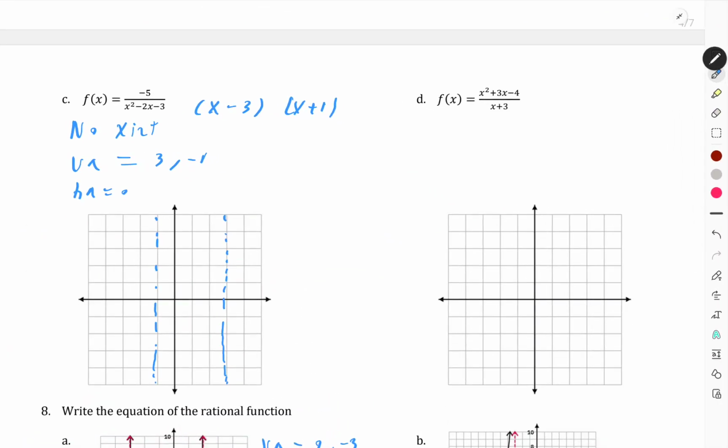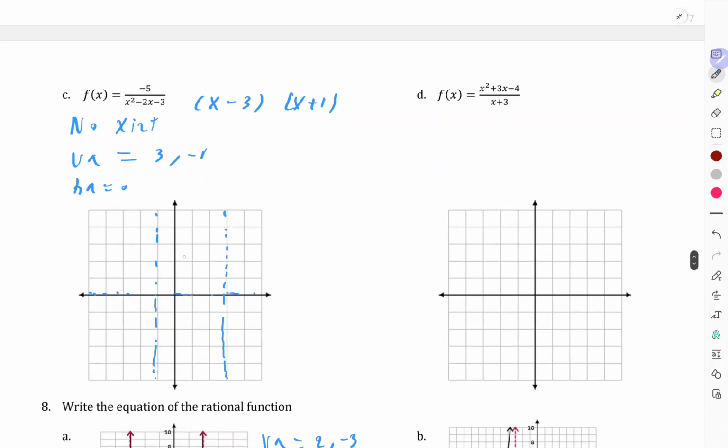In our case, the numerator degree is less than the denominator degree, which constitutes an HA of 0. And when that happens, it cannot intercept it. This just leaves room for a y-intercept.